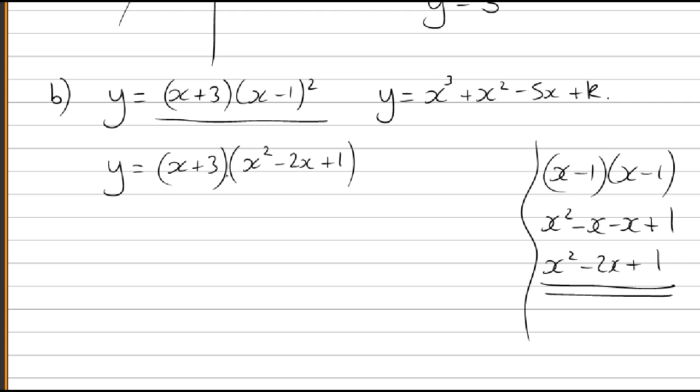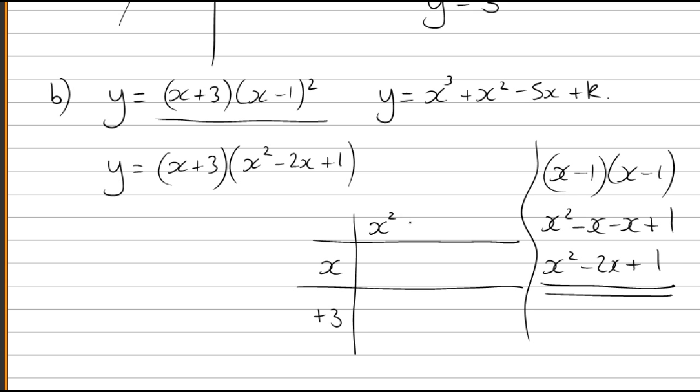Now we need to expand these two brackets. We can use the FOIL method or the grid method. It doesn't matter which one. Whatever you feel comfortable with is up to you. So we have x plus 3, and in the other bracket we have x squared minus 2x plus 1.